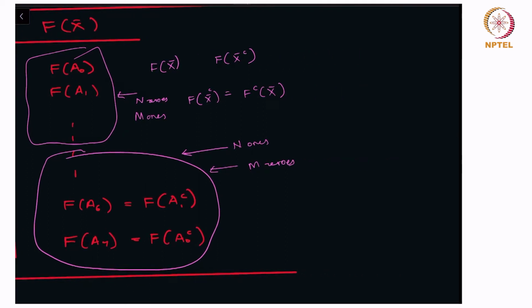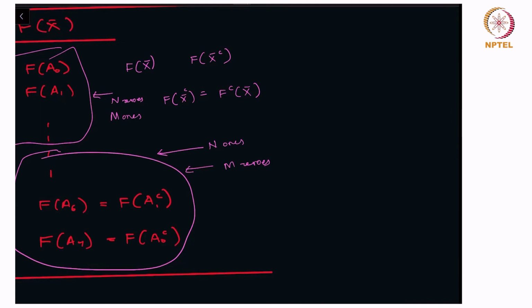So the total number of zeros will be n plus m.